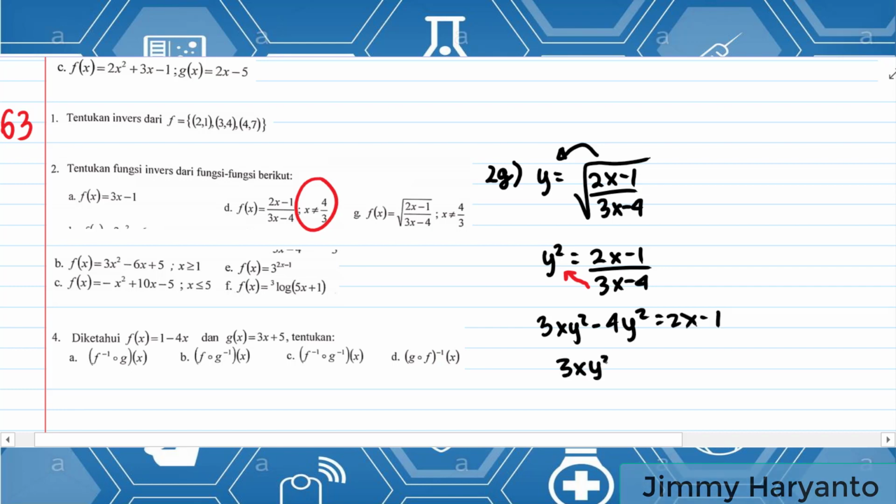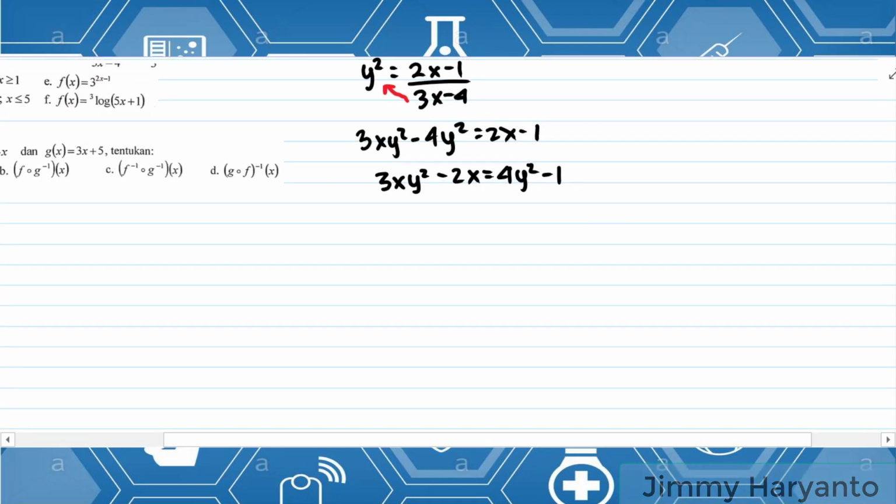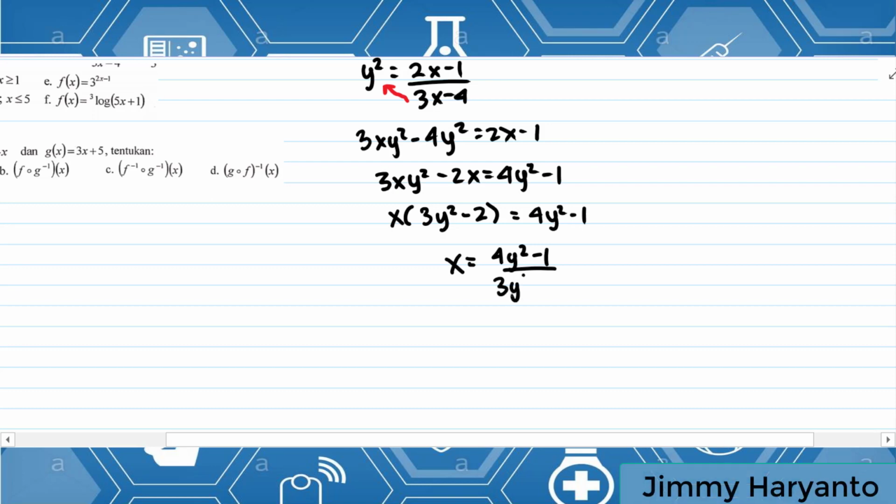Group the x, minus 2x equals 4y square minus 1, and then factorize the x. 3y square minus 2 equals 4y square minus 1. x equals 4y square minus 1 over 3y square minus 2. There you go. This is the inverse: 4x square minus 1 over 3x square minus 2.